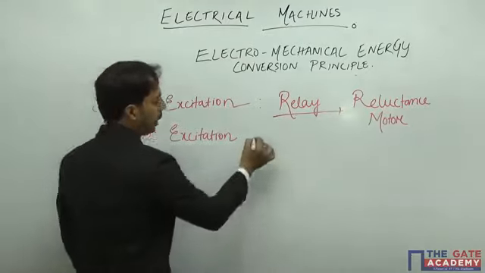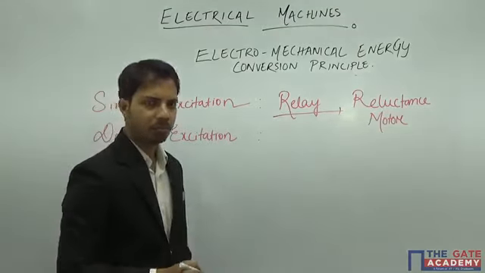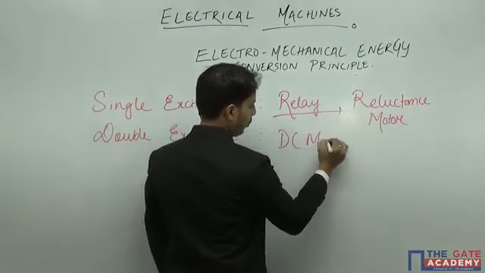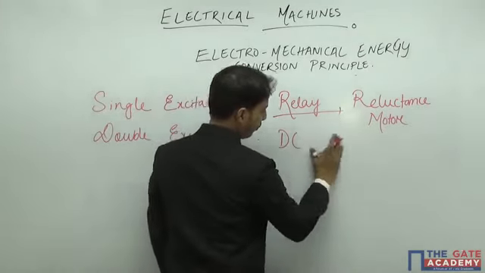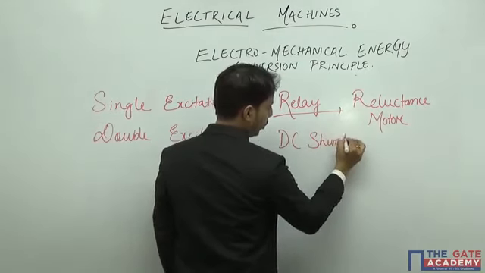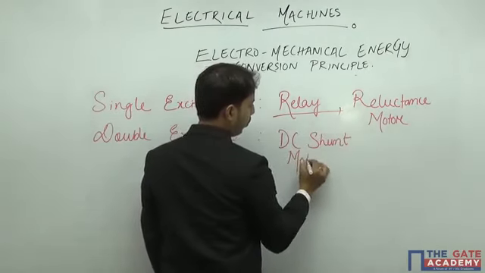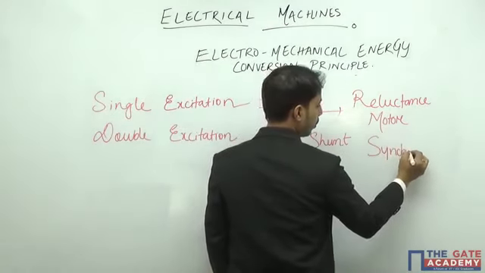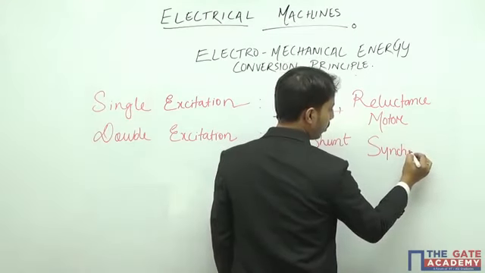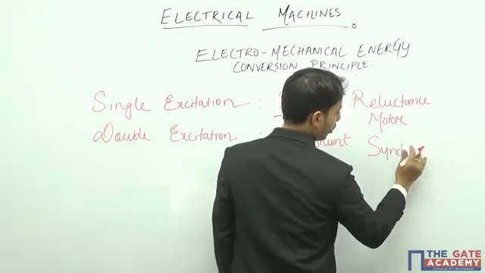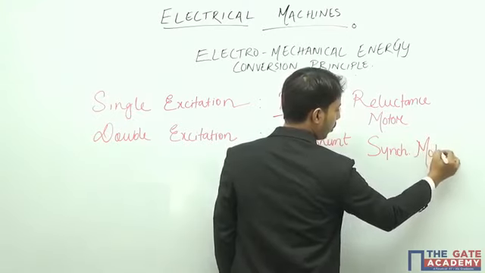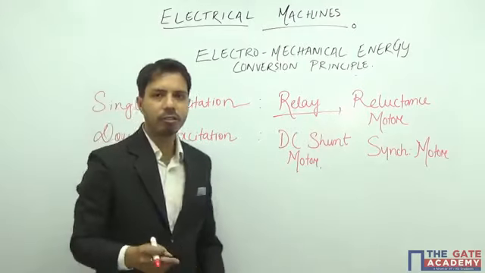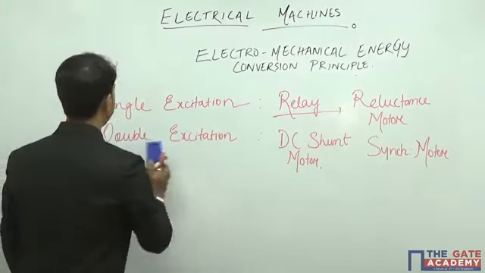Double excitation system examples are DC motor, DC shunt motor, synchronous motor. Okay. So these are the examples of single excitation and double excitation of magnetic fields or magnetic system.